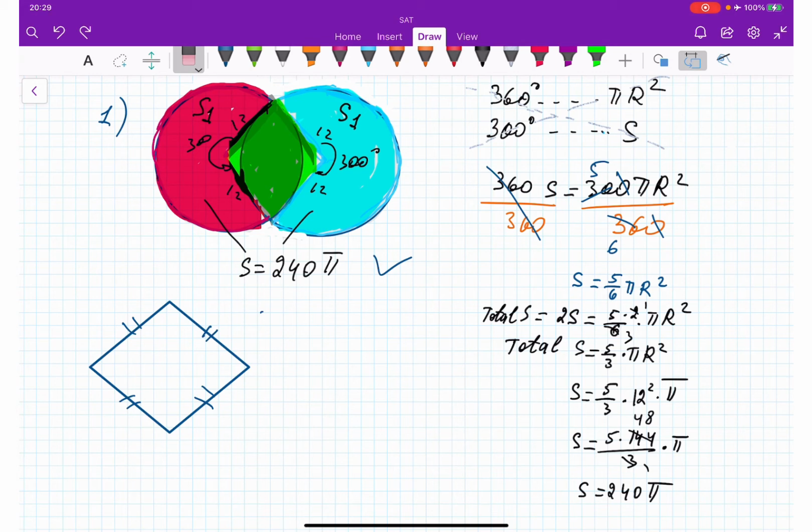The diagonals bisect each other in perpendicular. Here in perpendicular, right? I don't want to draw there because I'm not going to use it.